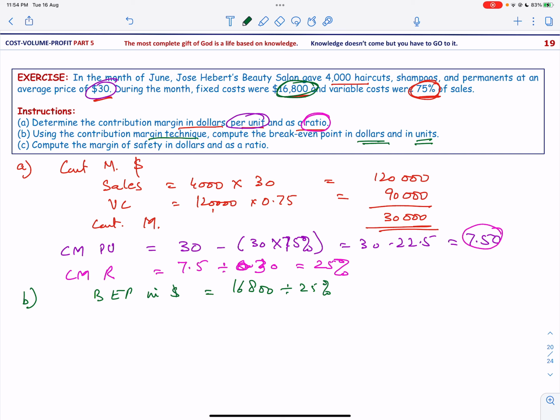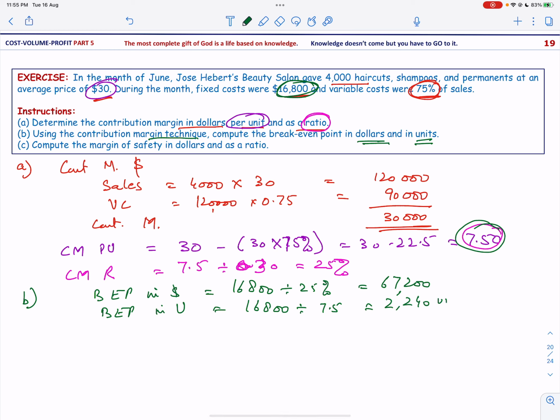So break even point in dollars will be 67,200. Then we have the break even point in units, and this will be again fixed cost 16,800 divided by contribution margin per unit, that was 7.5. So this is equal to 2,240 units.